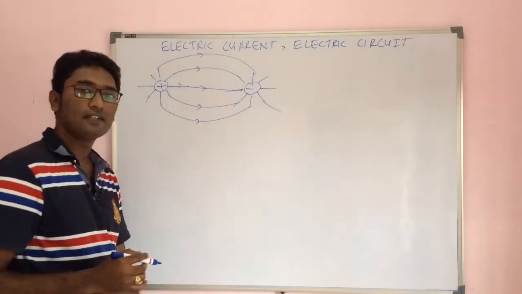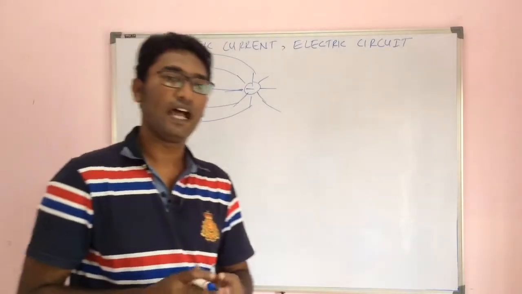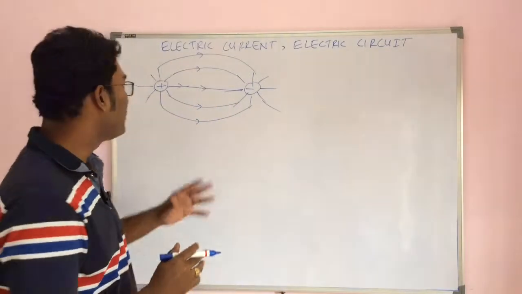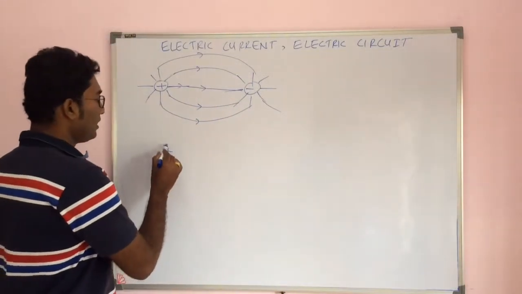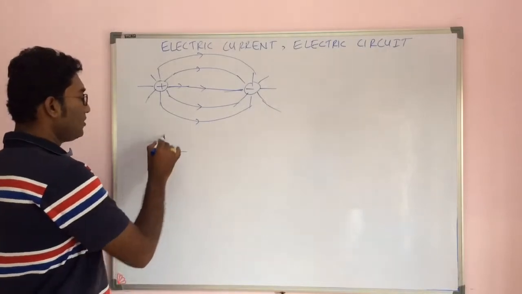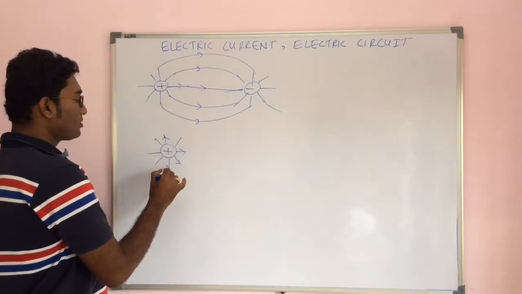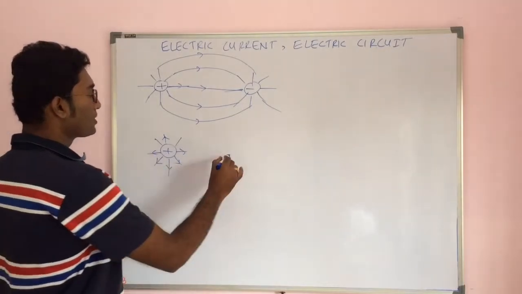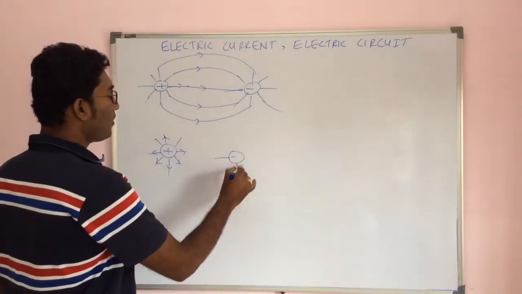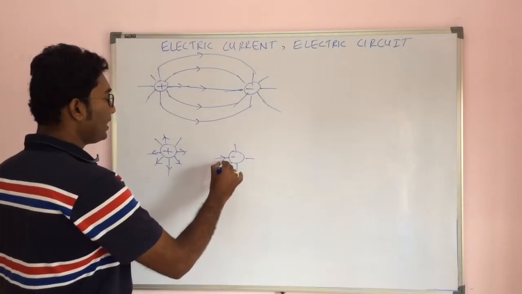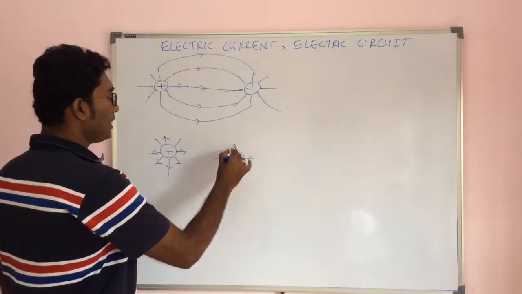So it was considered that these electric field lines have a direction, and it was decided by Benjamin Franklin that the electrostatic lines of force emerge out of a positive charge and go towards the negative charge.